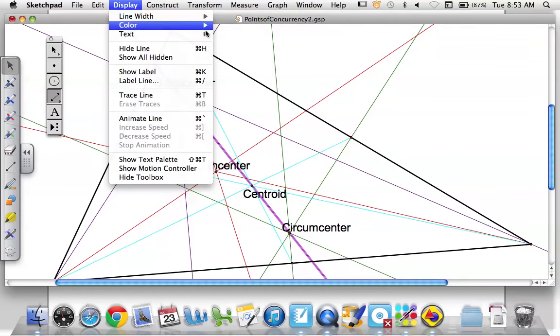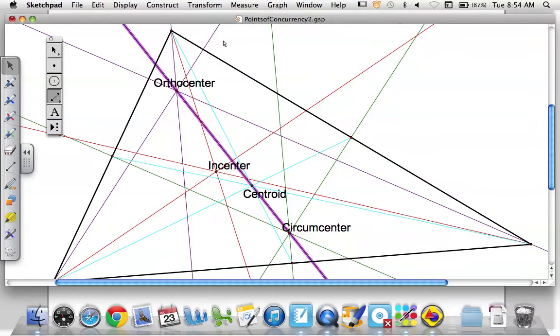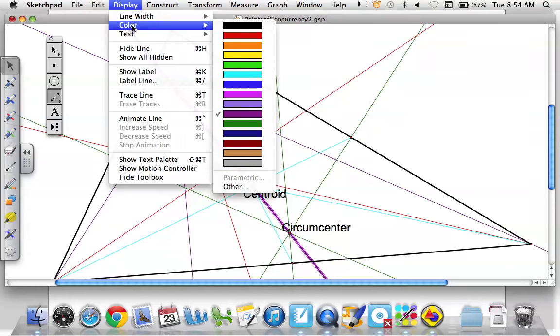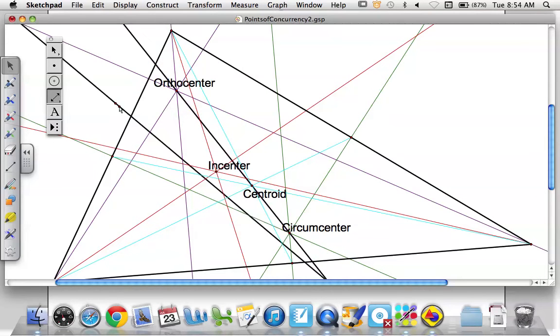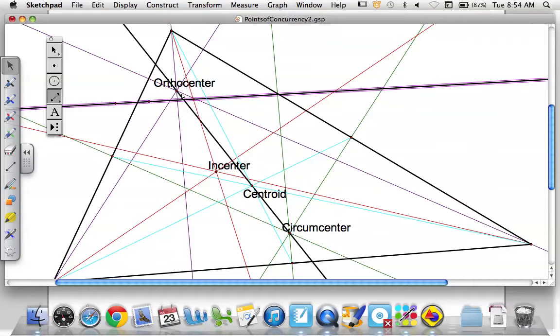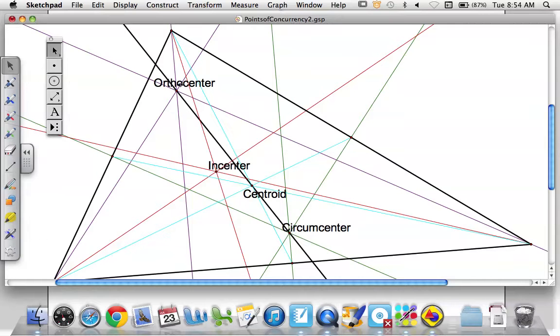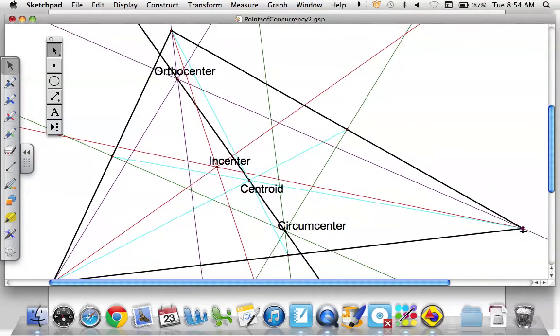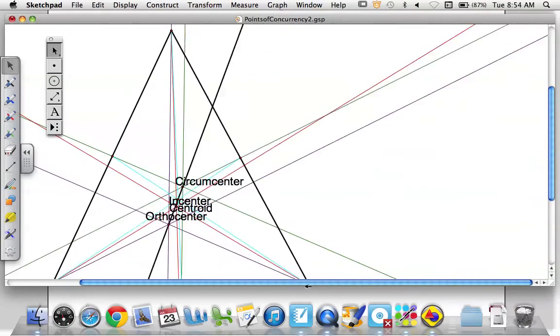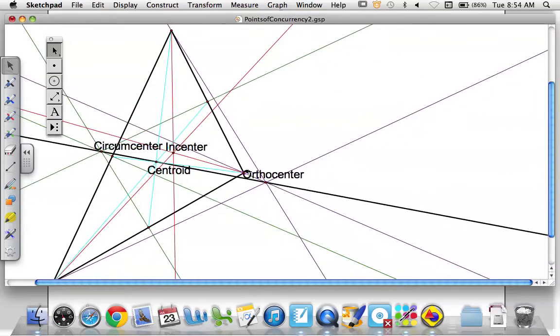I'm going to make this a thicker line here. I'll make it black. Oops, I don't want that line there. Sorry. But if you notice, look, I'm going through the orthocenter, centroid, and circumcenter. I'm not going through the incenter. If I move this triangle around, I'm still going through orthocenter, centroid, and circumcenter. No matter what.